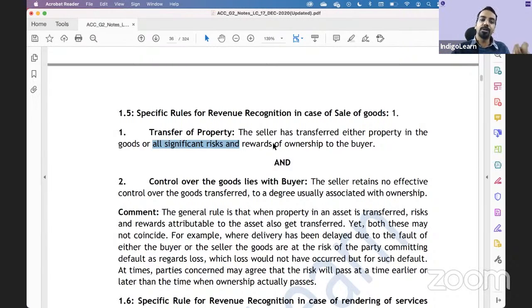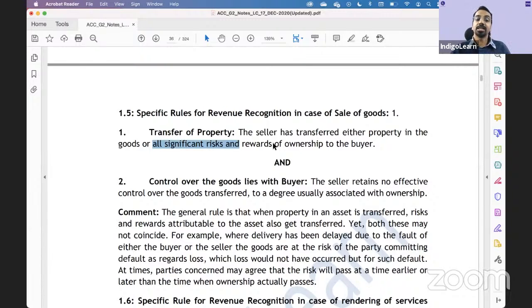This is similar to a lot of concepts that I have learned in the Sale of Goods Act as well. Similar concepts have been applied here. Property has been transferred, or risk and rewards of ownership have been transferred, and control of the goods lies with the buyer. Now, the kind of question where sometimes they give you a twist is: advance has been received, property has been sold, everything has happened, but the sale date is pending, which falls in the next financial year.